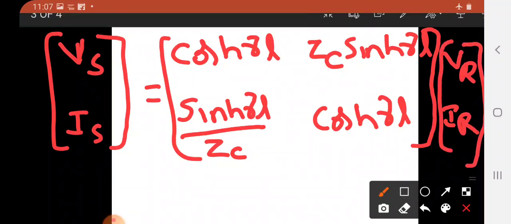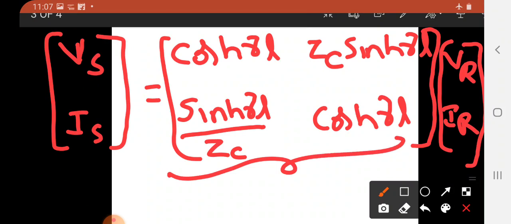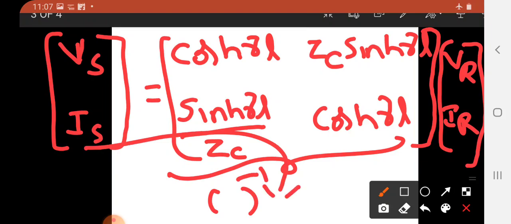Yes, now can we find the values of Vr and IR from this matrix equation? Yeah, Vr and IR is equal to this matrix inverse into this value.